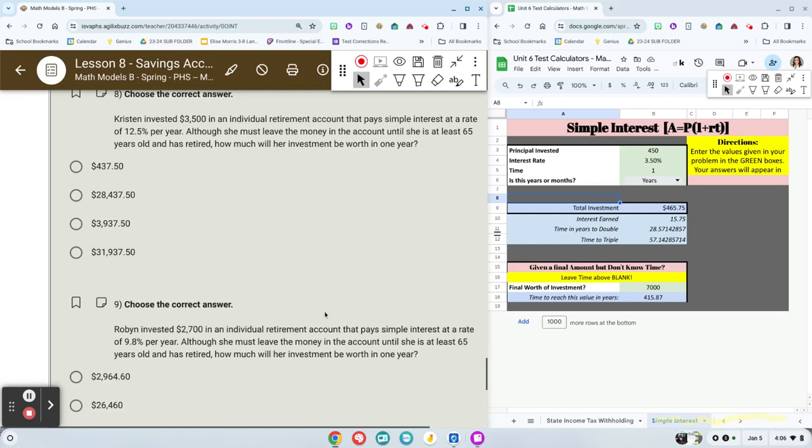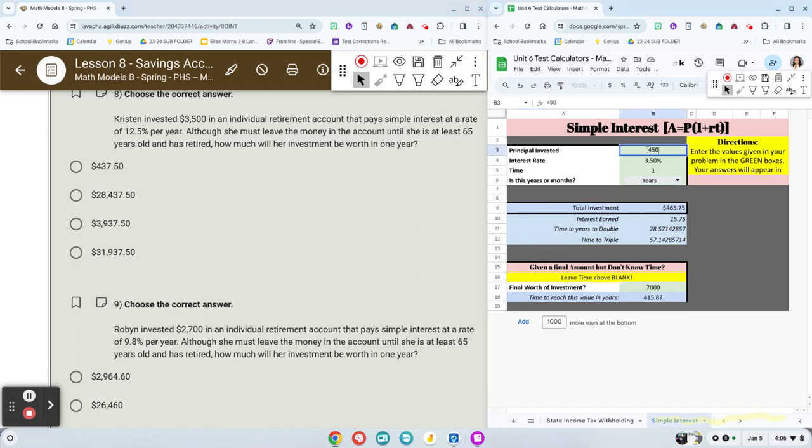All right, let's look at maybe just some larger numbers. Number 8. Kristen invested $3,500 in an individual retirement account that pays simple interest. Okay, so this is your clue to use the simple interest calculator. The rate is 12.5%. That's crazy high. It's really, really good. Although she must leave the money in the account until she's at least 65 years old and has retired, how much will her investment be worth in 1 year?